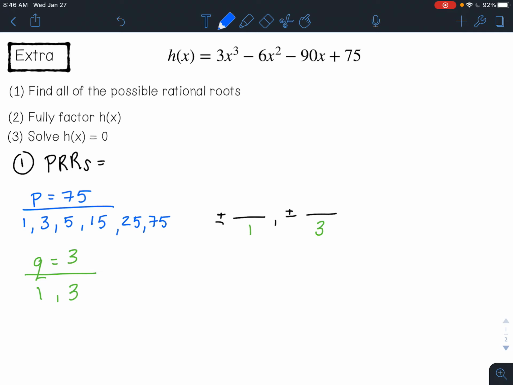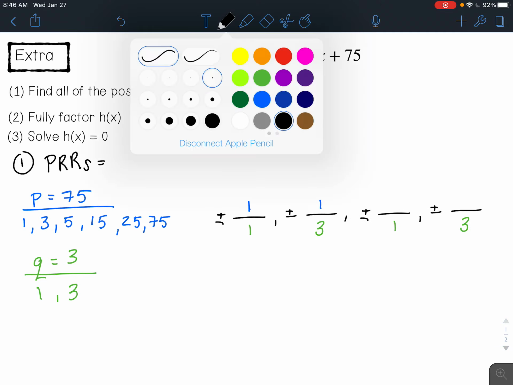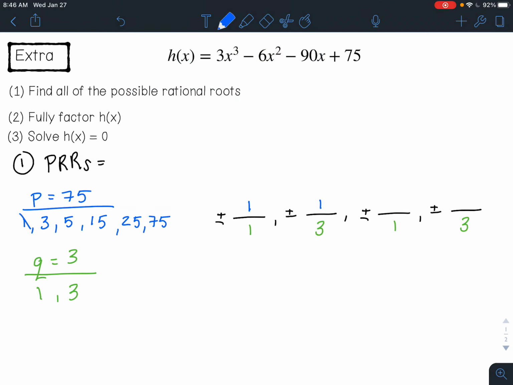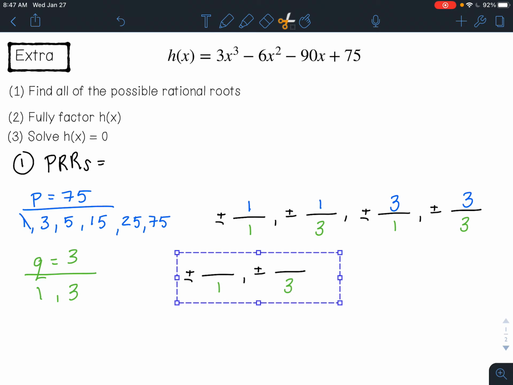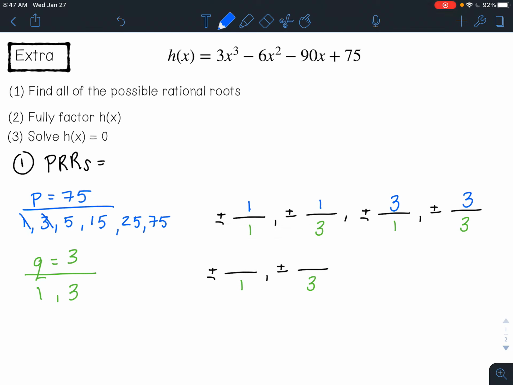My first p value is 1, so I can do 1 over 1 and 1 over 3. And then I'm all done with that one. And then I could do 3 over 1 and 3 over 3. So then my 3 is done.